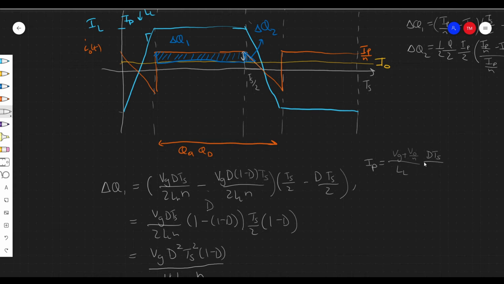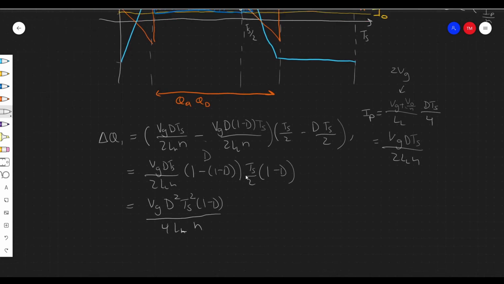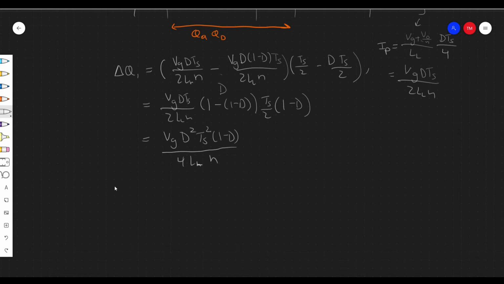Which is dTs over 4. Note, because we selected n to be V out over Vg, this is equal to Vg, so we have 2Vg over here, and then I peak, again because of the specific choice of n, we end up getting Vg dTs over 2Ln. So, in the end, this is delta Q1.